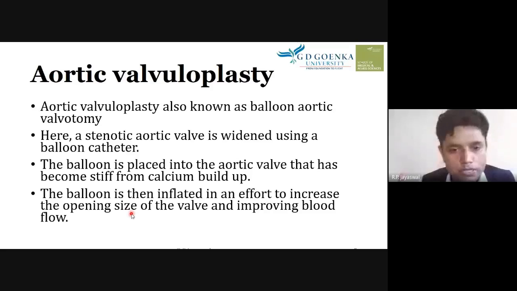So the purpose of this treatment is to widen the opening. The balloon is used to inflate the valve, and there will be an increase in the opening of the valve size, and this will improve the flow of the blood. That is what we call aortic valvuloplasty.